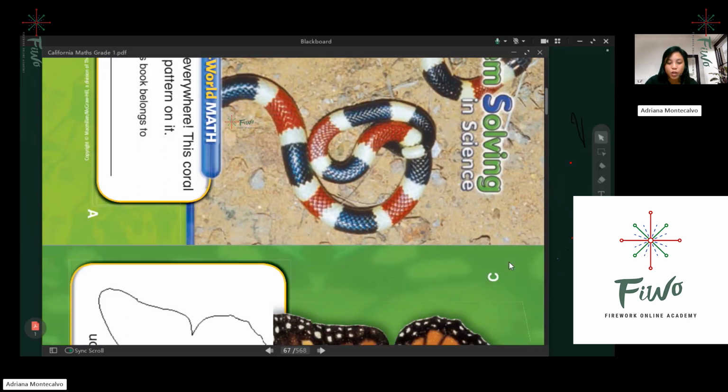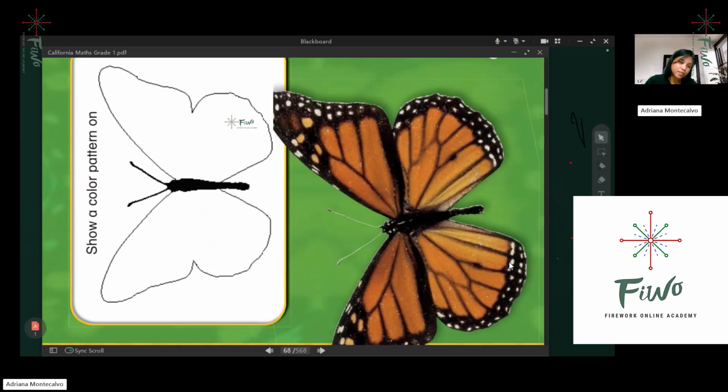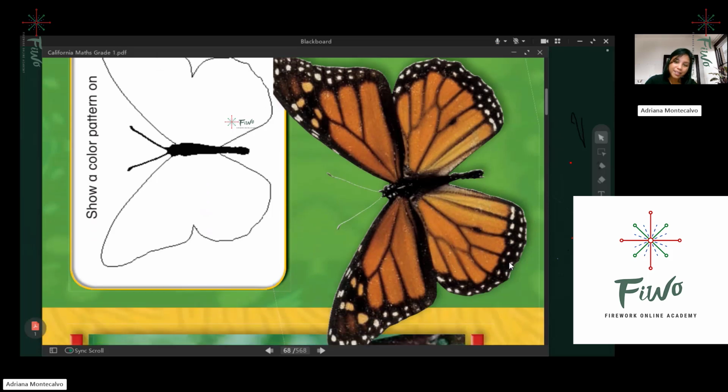How about this one, Kong? Next. Show a color pattern on. So what do you think is the color pattern of this butterfly? Orange.